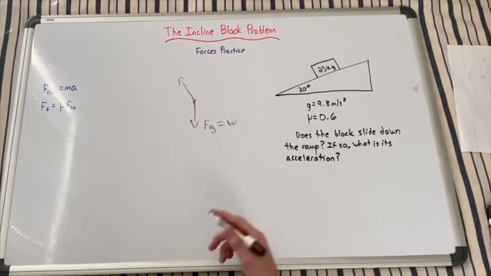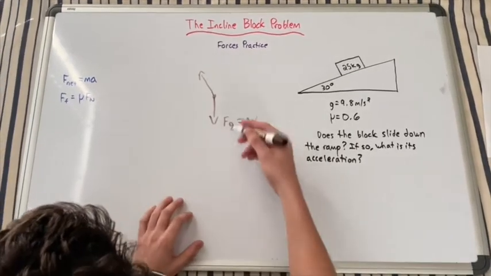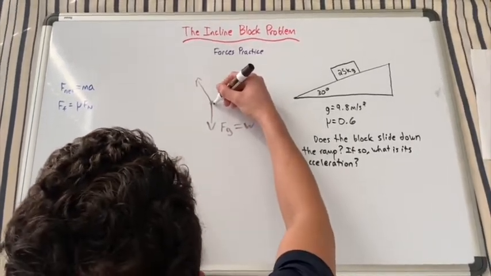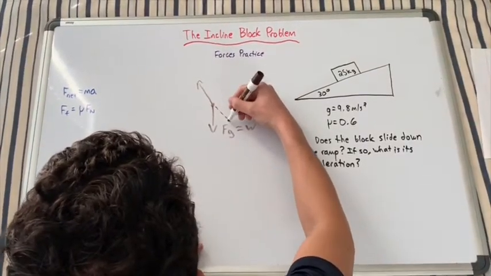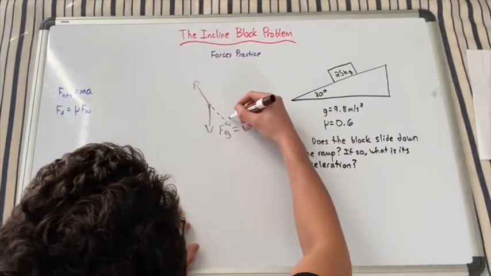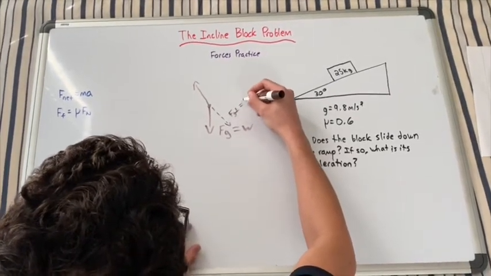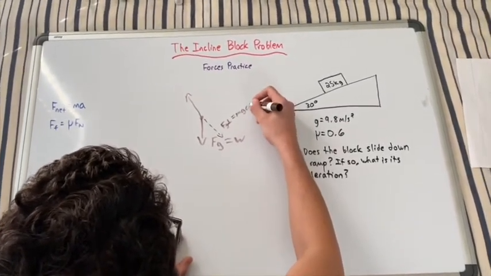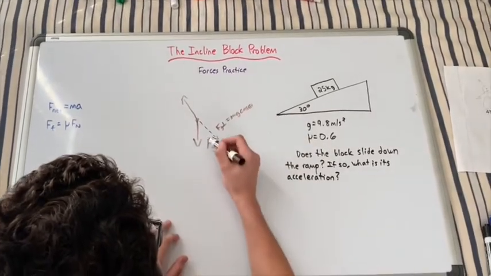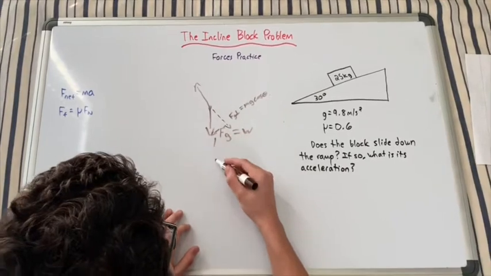So like we did in the previous problem, we're going to want to break down this force of gravity into its components. So we have the perpendicular component, which is going to be mg cosine theta. And we have this parallel component over here. I'll just draw that over here.